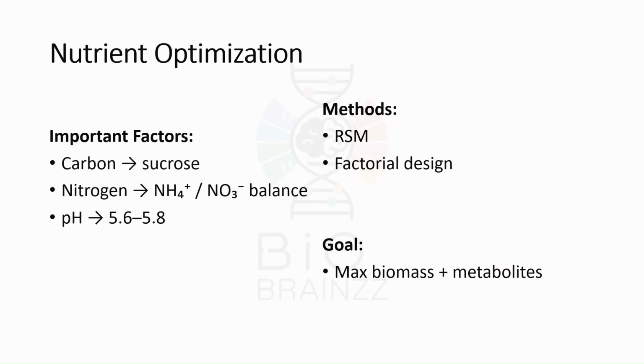The pH of the medium is generally kept around 5.6 to 5.8. If conditions are not optimal, growth and metabolite production both will decrease. For experiments, methods like response surface methodology (RSM) and factorial design are used to find the best combination of nutrients.